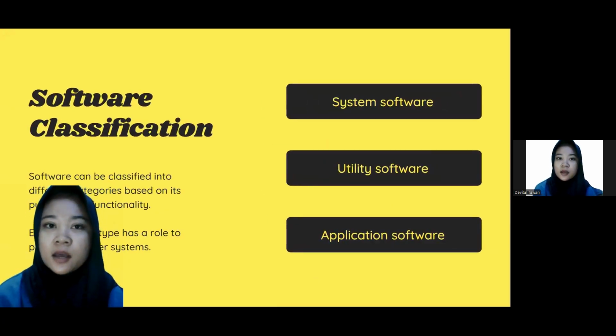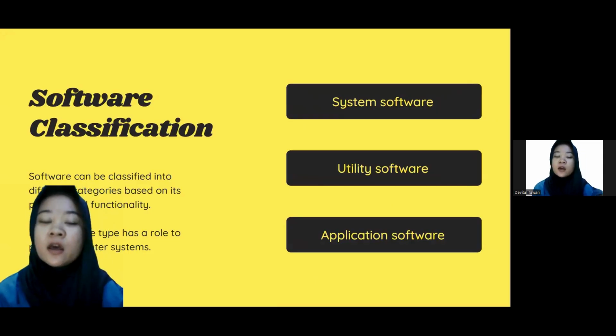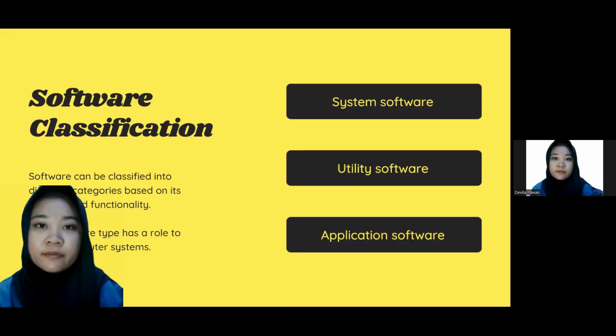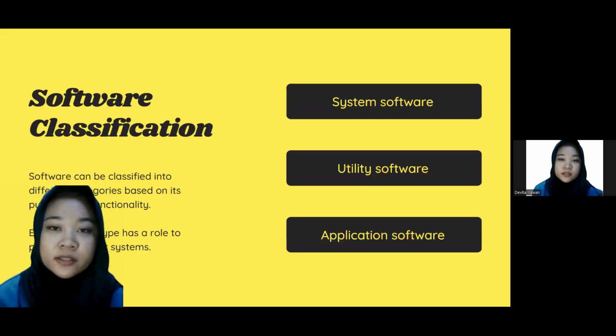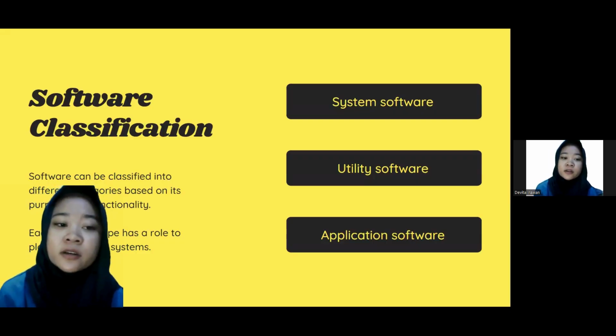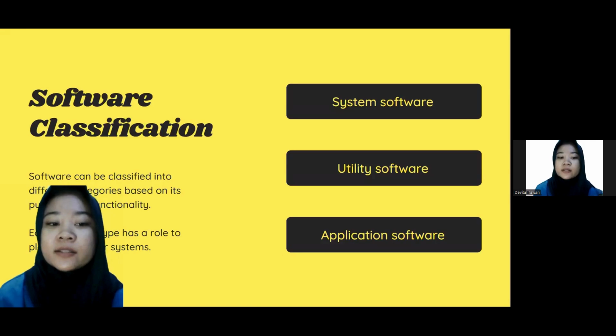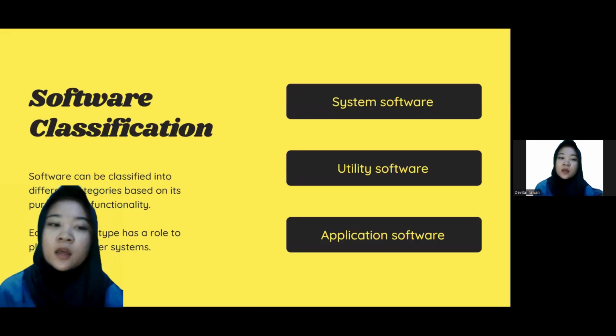The next is software classification. Software can be classified into different categories based on its purpose and functionality. Each software type has a role to play in a computer system.